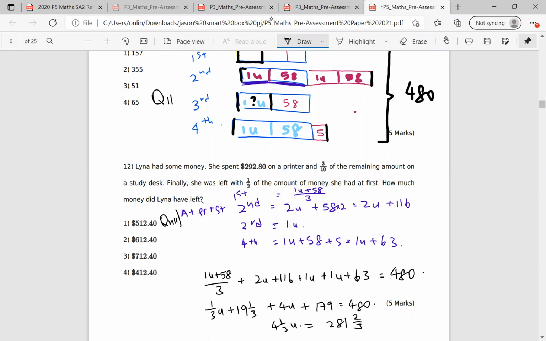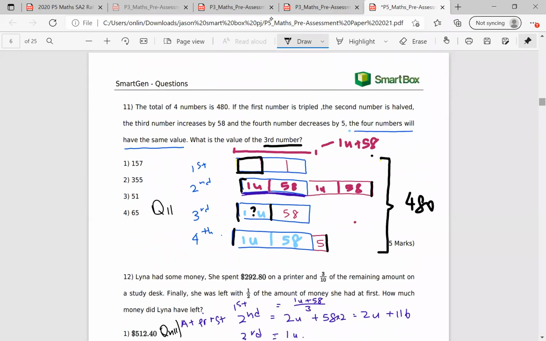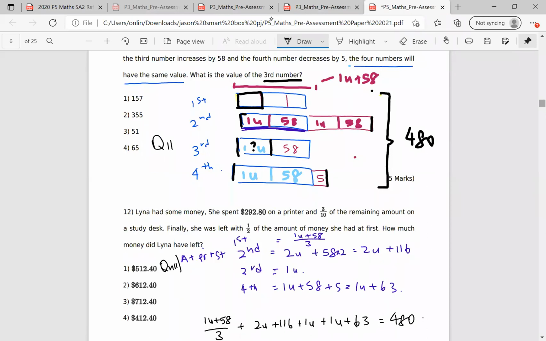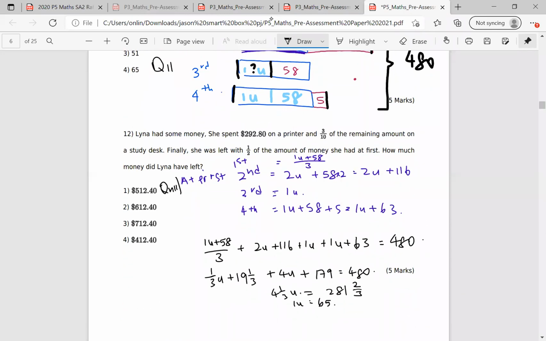So if we divide this by 4 1/3 units, what we have here should be 1 unit equal to 65. The question is asking for the value of 3. So the value of 3 is basically equal to 65, which is the answer.